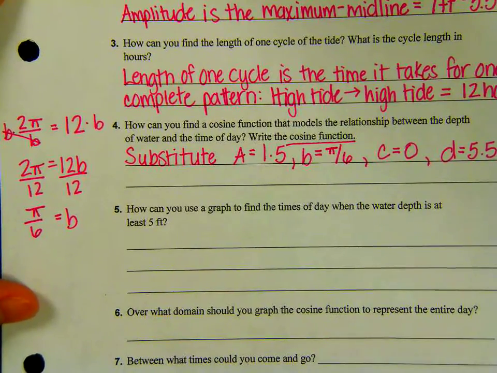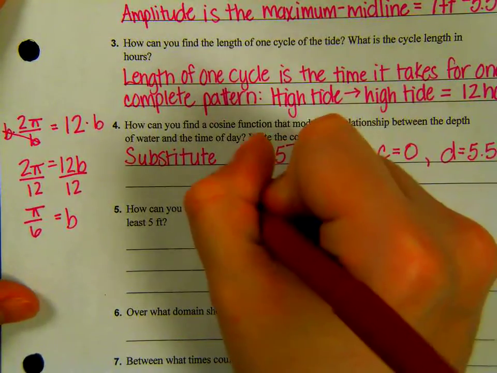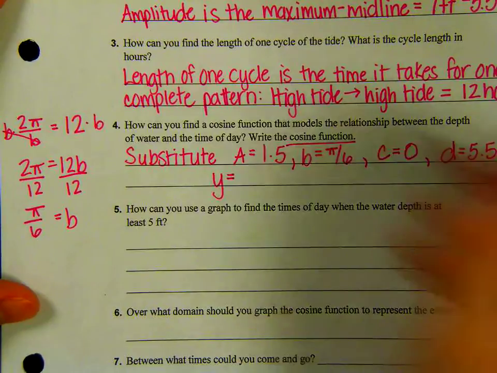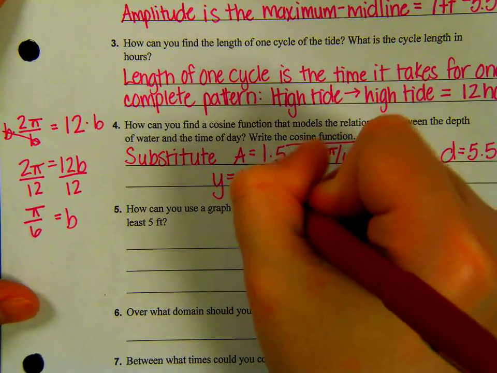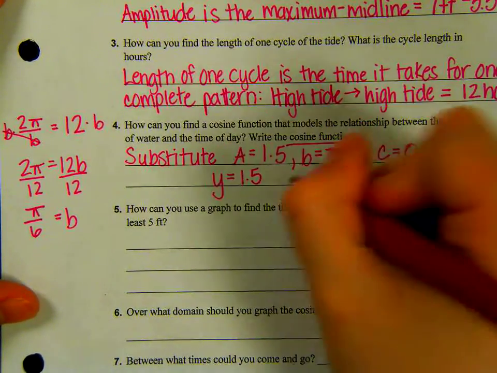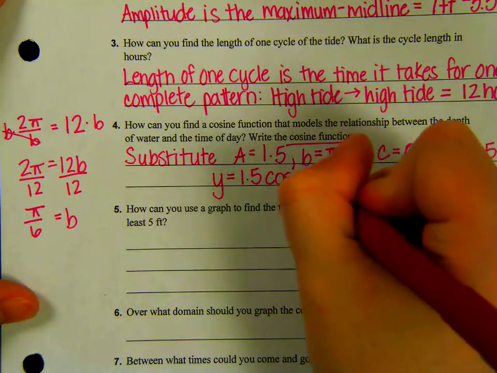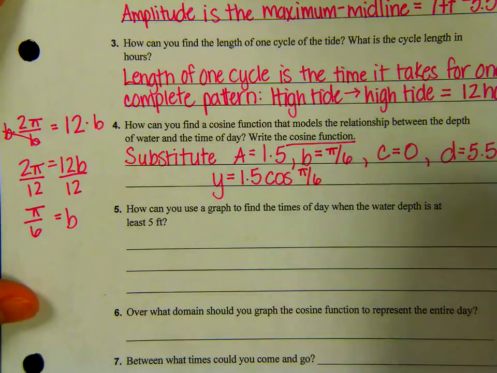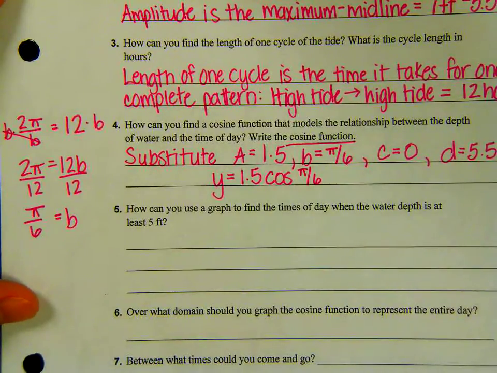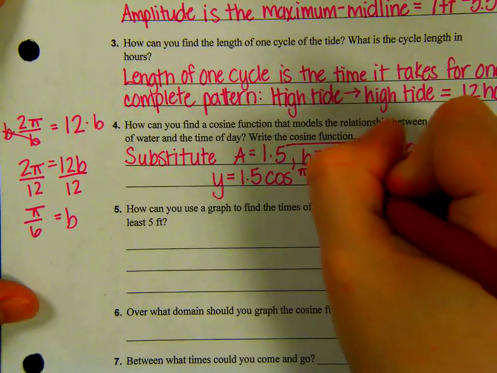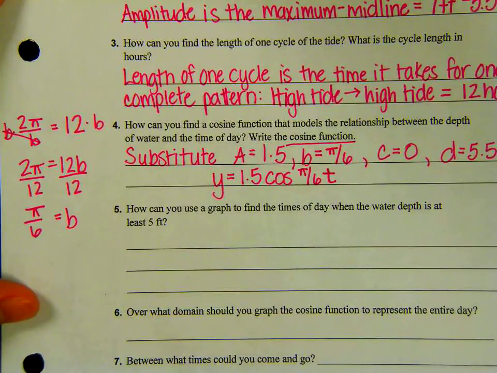Now I just have to write my cosine function. So we have y equals, A always comes first, so it's 1.5 cosine pi over 6, because that's my B, but B always has an x or a t or something behind it. Since we're talking about time, I'm going to put t there.